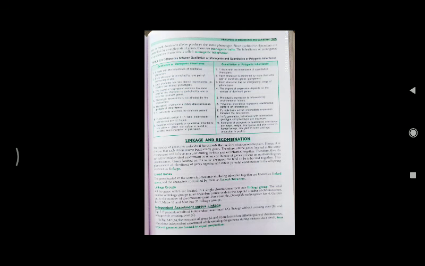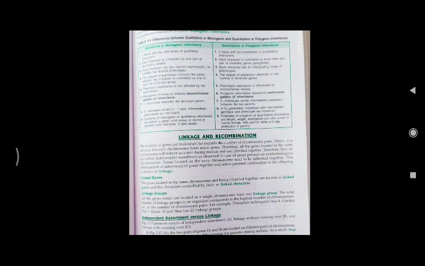We can just define that it is the tendency of genes which are present on the same chromosome to remain in their original combination and to enter together in the same gamete. For this observation, Morgan played a very important role in proving that process of linkage. In other words, the genes which are present on the same chromosome remain together as a block.